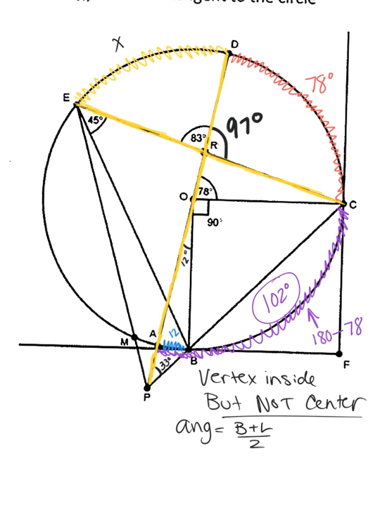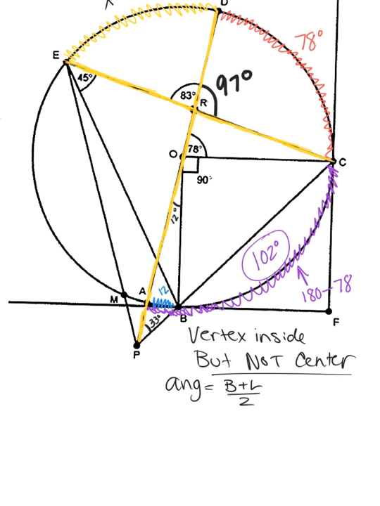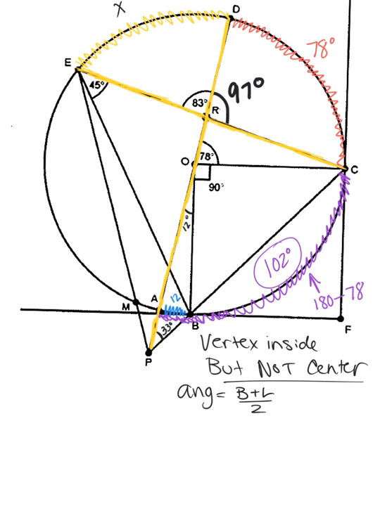All right, then I think I have enough information to go ahead and solve using our formula. Again, I know the angle. It's 83 degrees. That's the angle inside the circle, but not on the center. That 83 equals that big arc, that purple arc of 102, plus the little arc of X, divided by 2. I don't want that X to be divided by 2, so I'm going to start by multiplying by 2 on both sides.